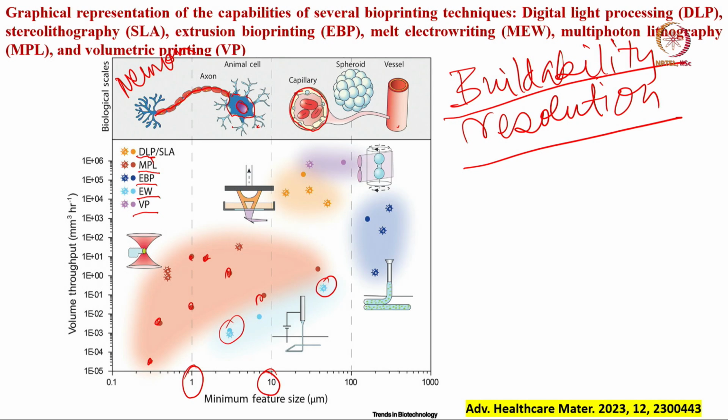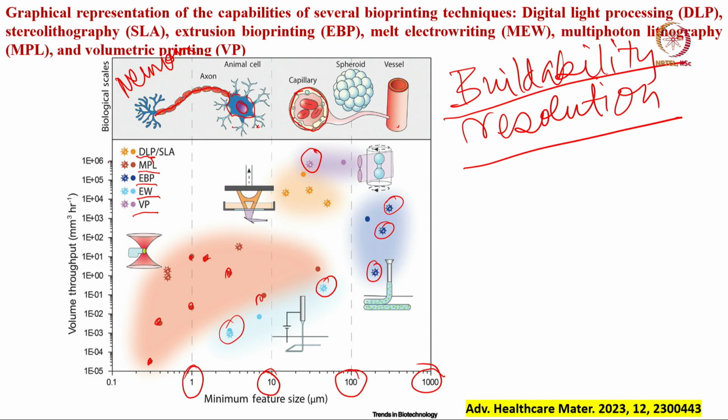You have very few data points for melt electrowriting because this technique is not that well explored. EBP is extrusion bioprinting, where the feature sizes go from 100 micron to 1000 micron, almost a millimeter. And there are other techniques, like volumetric printing; here is one data point.